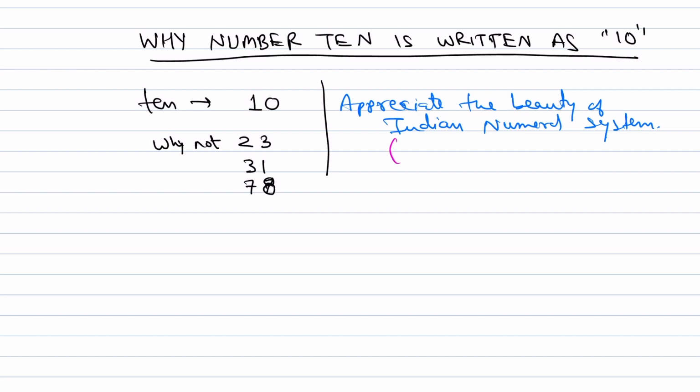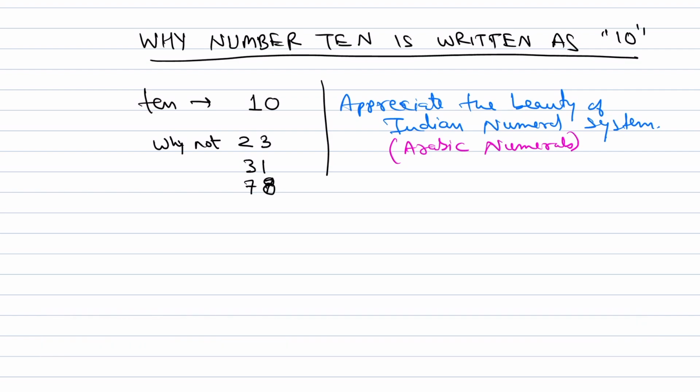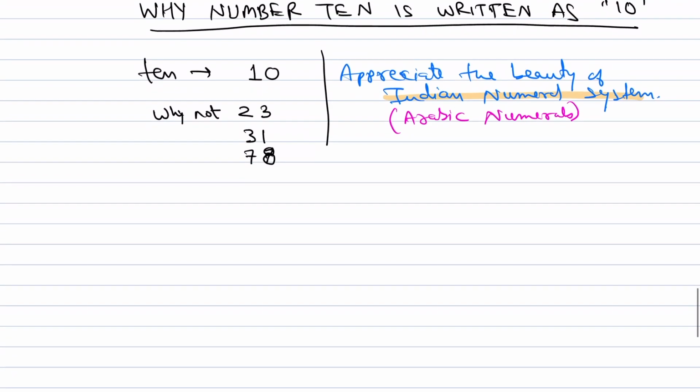The Westerners call it Arabic numerals because the Europeans learned this number system, the one we developed, from Arabs, and they think that Arabs did it, historically speaking. But we'll stick to the terminology of Indian numeral system, and we will really appreciate the person who decided to organize numbers in this way. We will appreciate that beauty anyway.